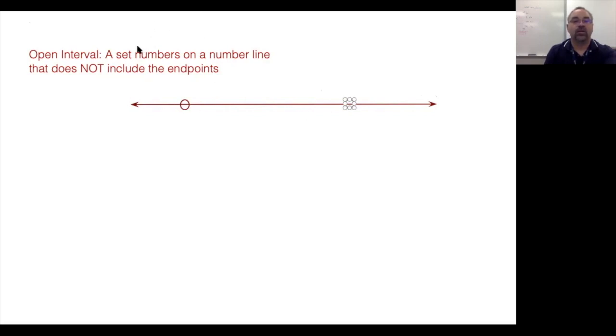Maybe this one is -2 and this one is +4. That would be the open interval from -2 to 4. It does not include the endpoints. If we wrote it as an inequality, we would write it like this. For us, we're going to use interval notation a lot of times. When we use a round bracket, like a parenthesis, on the end, that means it does not include the endpoint. That's what we mean by open interval.